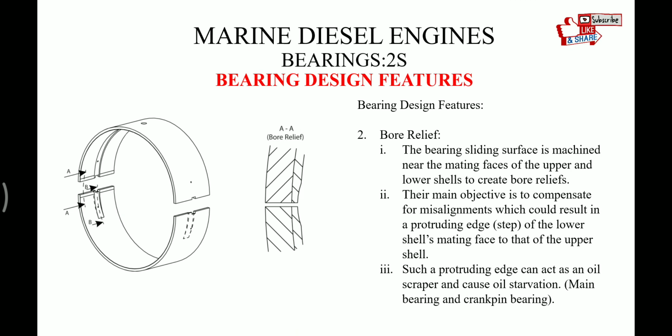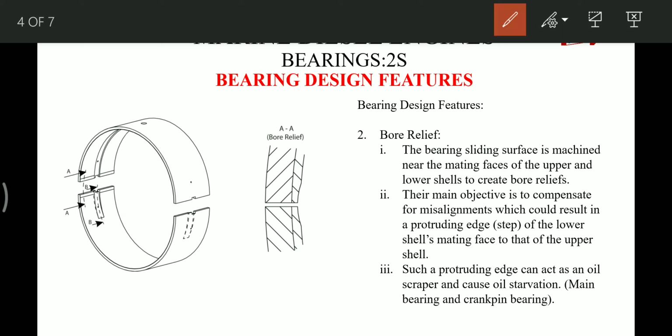Now second is the bore relief. The bearing sliding surface is machined near the mating face of the upper and the lower shell to create bore relief. So mostly this region, this one and this one, that we can see from this cross section. The main objective is to compensate for misalignment which could result in a protruding edge or step for the lower shell mating face relative to that of the upper shell.